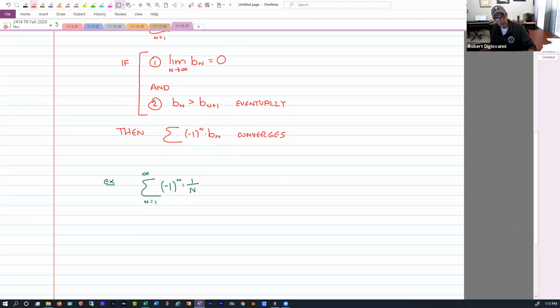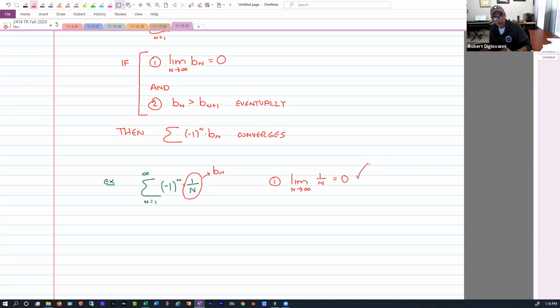So this right here is our b sub n. It's the part of the sequence that doesn't have the alternating happening. What we need to do is, one, show that the limit of that is 0. The limit as n goes to infinity of 1 over n, well, that is 0. That's an easy one, fixed over infinity, we know it's 0.